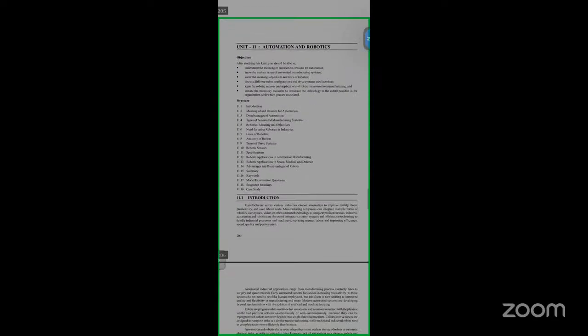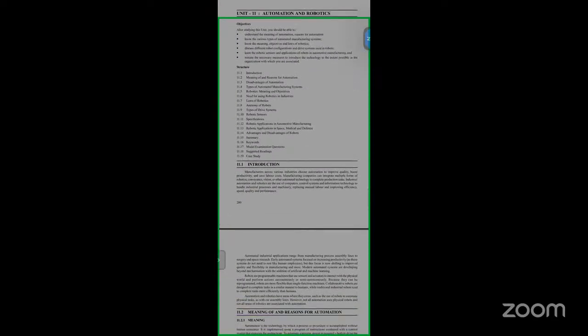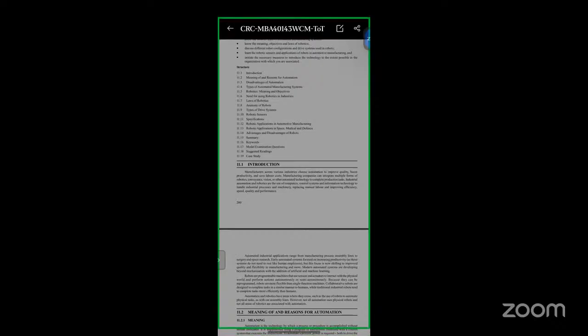When you talk about the introduction to automation and robotics, manufacturers across various industries choose automation to improve quality, boost productivity, and save labor cost. Manufacturing companies can integrate multiple forms of robotics, conveyance, vision, or other automated technology to complete production tasks.